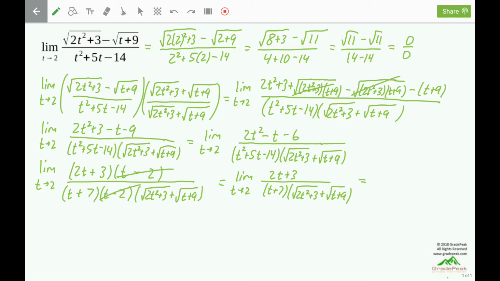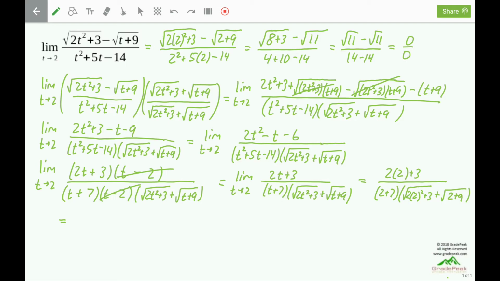Since we no longer have 0 over 0, we can try plugging the 2 in for each of the t's. So we will have 2 times 2 plus 3 divided by 2 plus 7 times the square root of 2 times 2 squared plus 3 plus the square root of 2 plus 9.